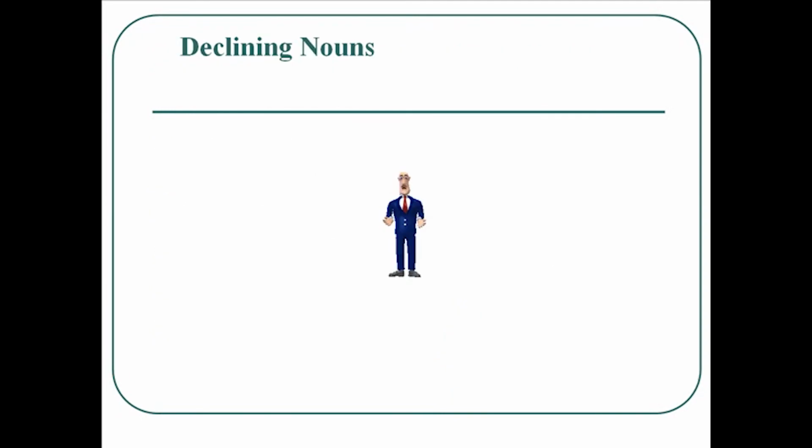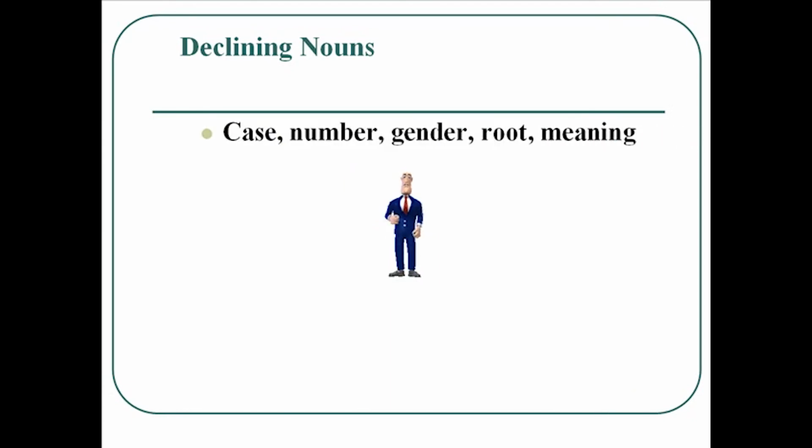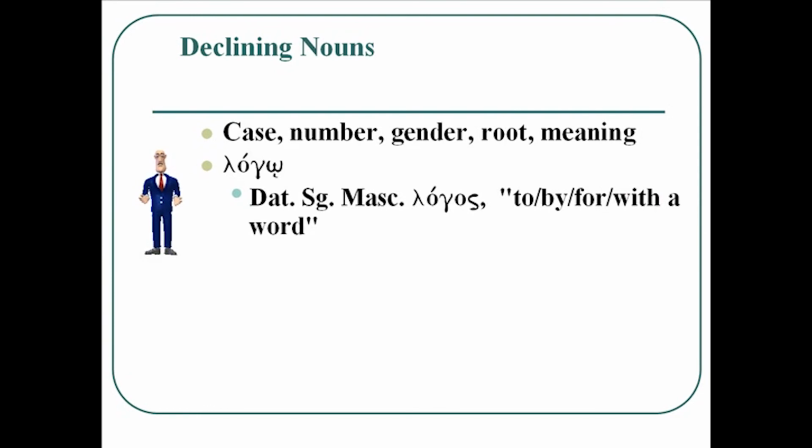As we learn to parse verbs, for the nouns we'll learn how to decline the nouns. The form that we'll use is the case, followed by the number, the gender, then we'll give the root of the word, and then the meaning. So for example, logō would be declined as a dative, singular, masculine, from logos, meaning to or for a word.